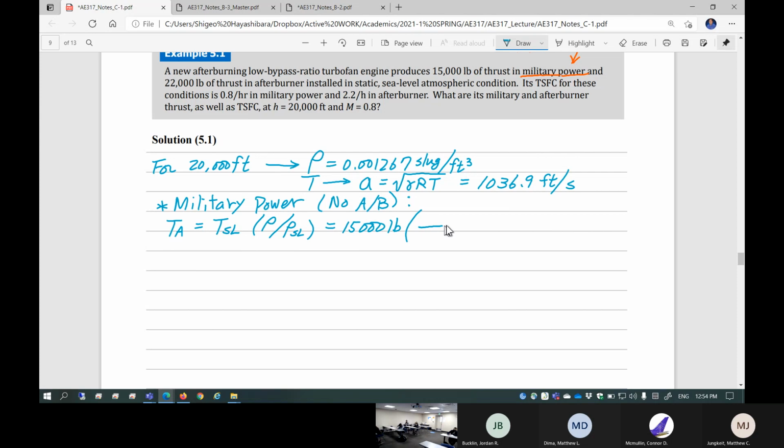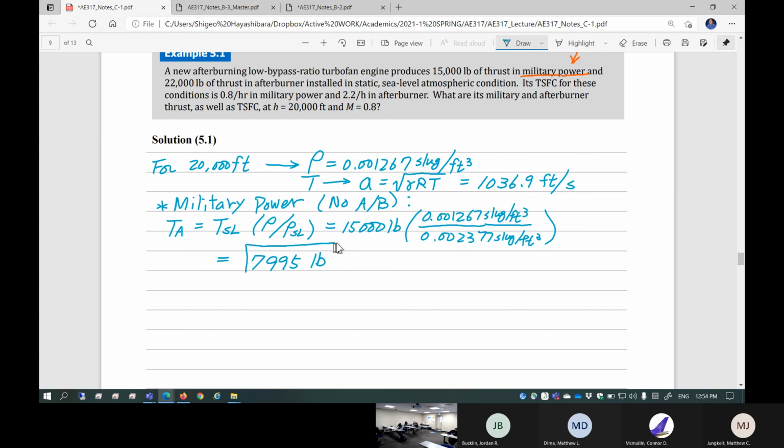Let's multiply by the density ratio. Density given at 20,000 feet is 0.001267 slugs per cubic foot. Now you're going to divide by standard sea level density, 0.002377 slugs per cubic foot. So this is going to give you thrust available at 20,000 feet, military power only: 7,995 pounds.